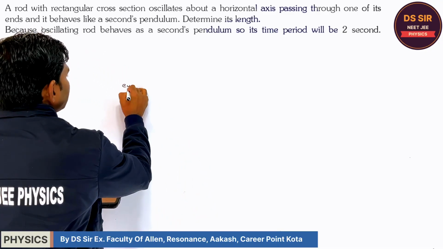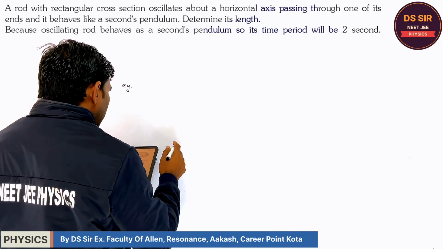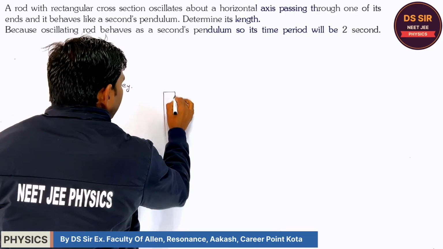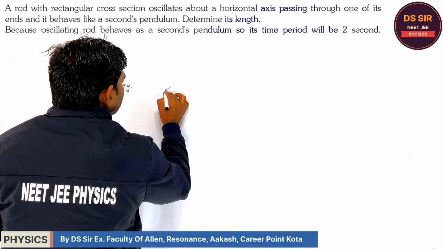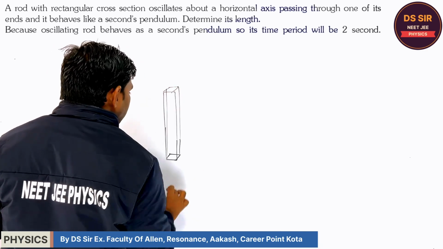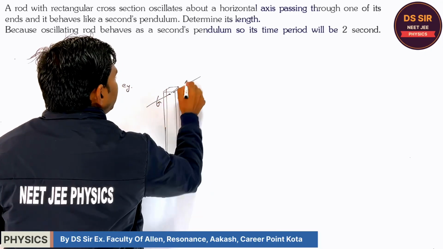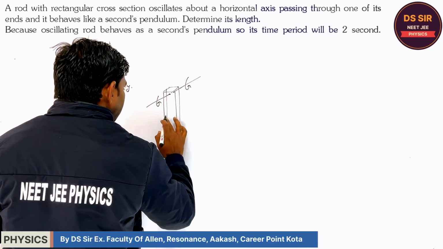In this illustration, a rod with rectangular cross section oscillates about a horizontal axis. Suppose this is the rod and the rectangular cross section is over there, like this. This is the rod and this is the horizontal axis. It oscillates like this.